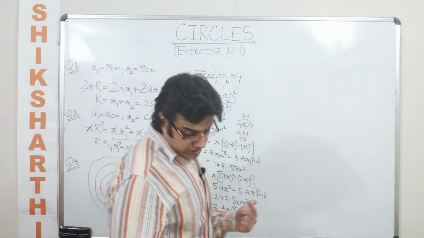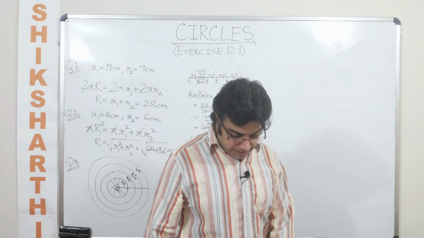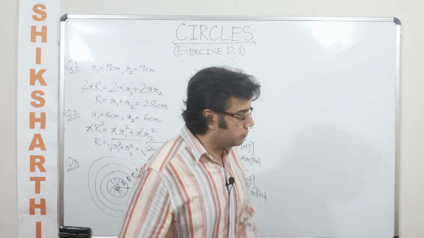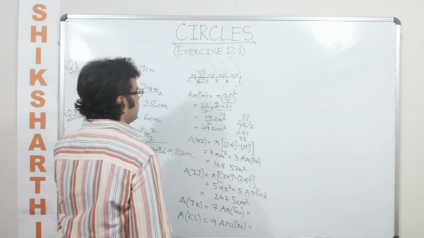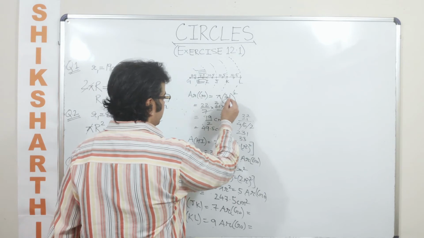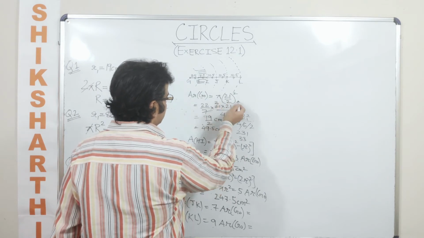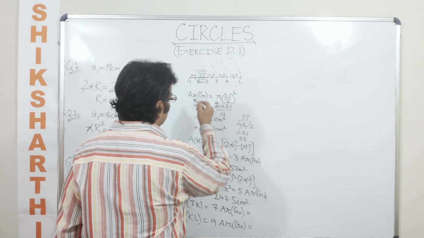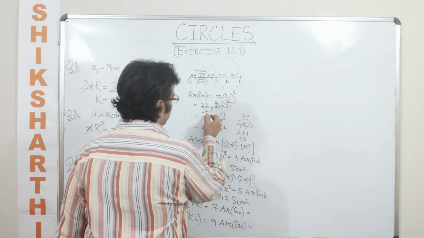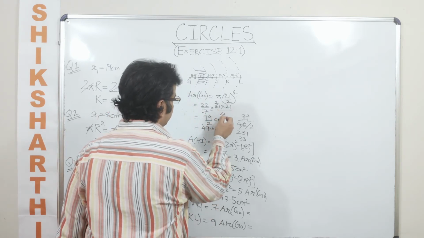So I'll just check the thing once again. The diameter of the region representing the gold square was this much. So when the diameter was 21 centimeters, so the radius had to be taken as 10.5, which is just like saying 21 by 2, so pi r square is the area of the gold colored circle. So which we get as 22 by 7 into 21 into 21 by 4.